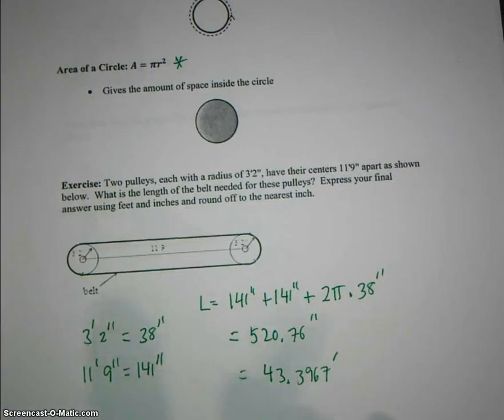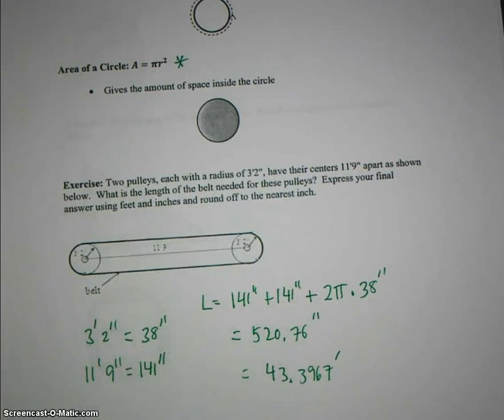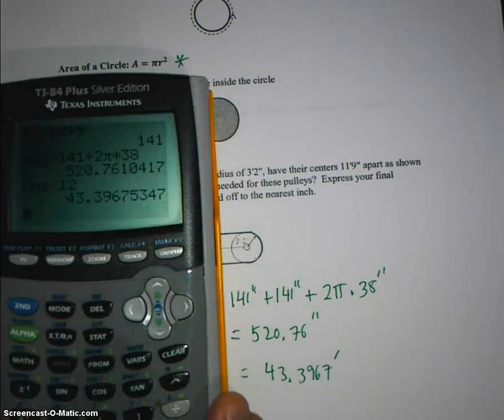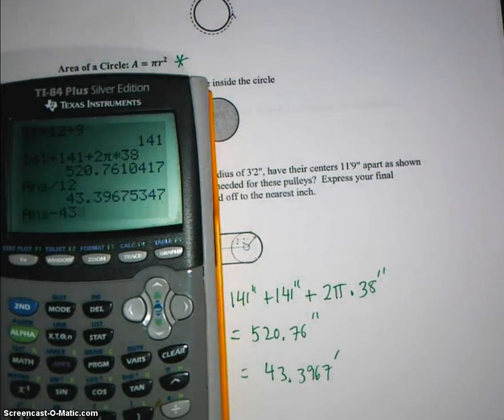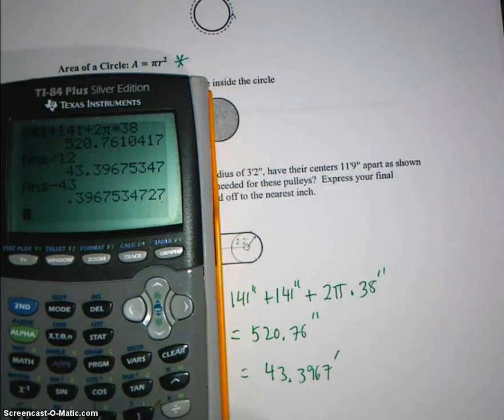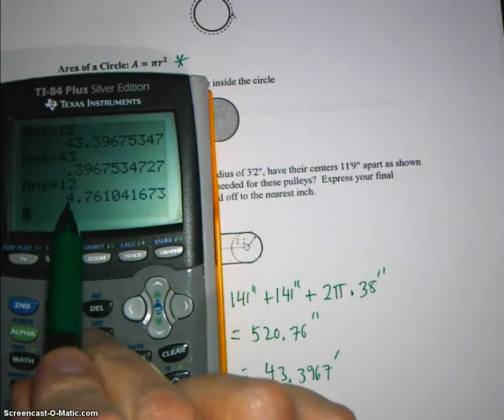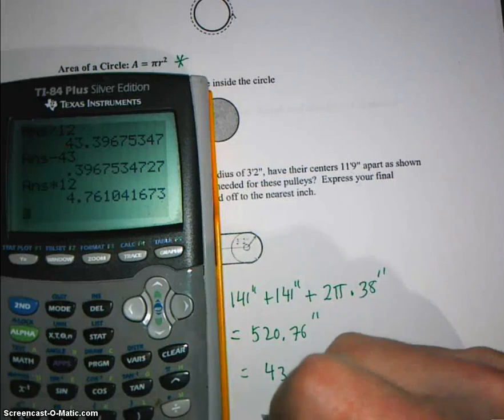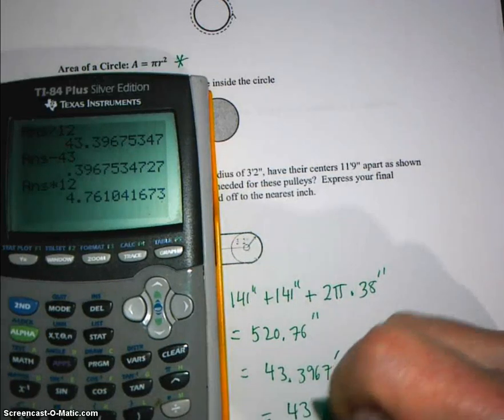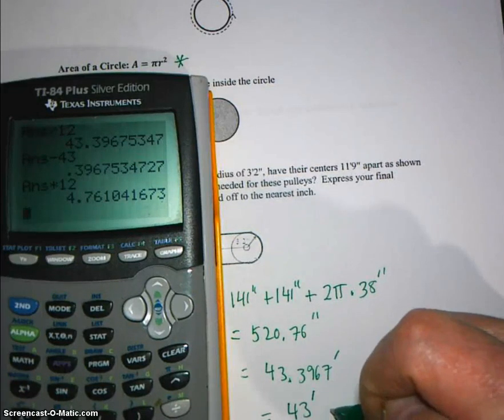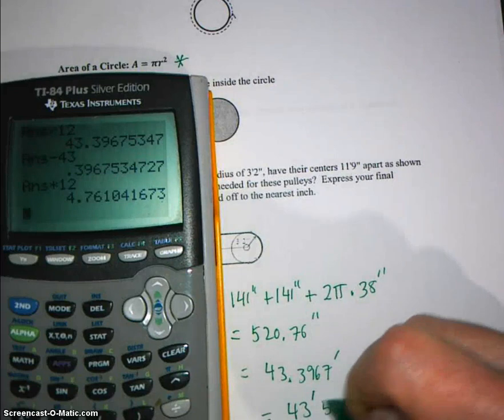So I've got to convert 0.3967 into inches. So let's see, we subtract that 43 off, and then we multiply by 12. So it looks like it's 4.7 inches. So my answer is 43 feet, 5 inches.